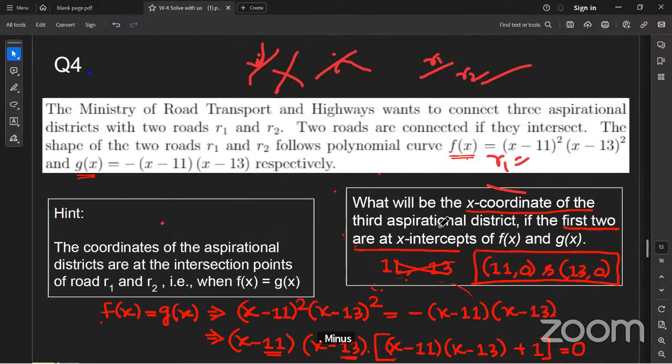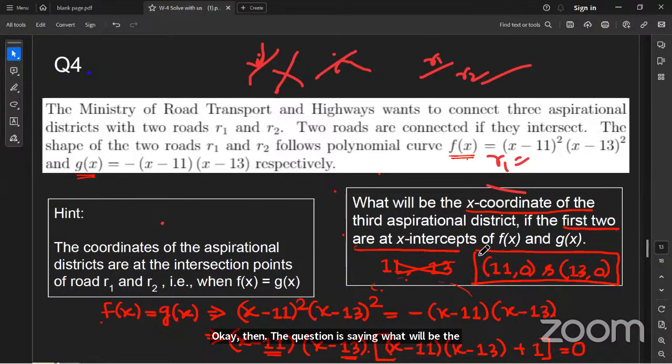Then the question is saying, what will be the x coordinate of the third aspirational district if the first two are x-intercepts of f(x) and g(x)? So what is it exactly saying?